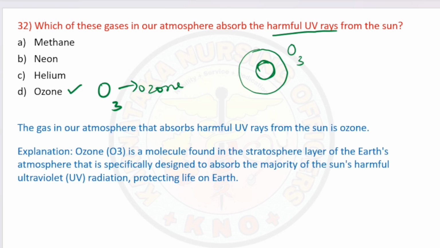Ozone, referred to as O3, is a molecule found in the stratosphere layer of the Earth's atmosphere that is specifically designed to absorb the majority of the sun's harmful ultraviolet radiation, protecting life on the earth.